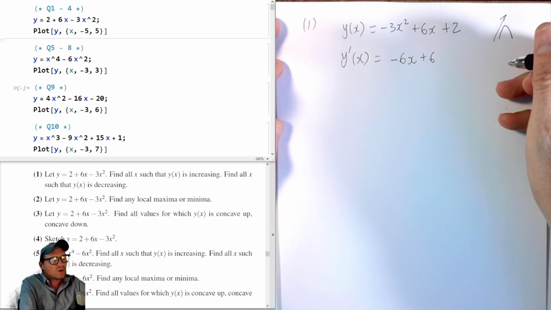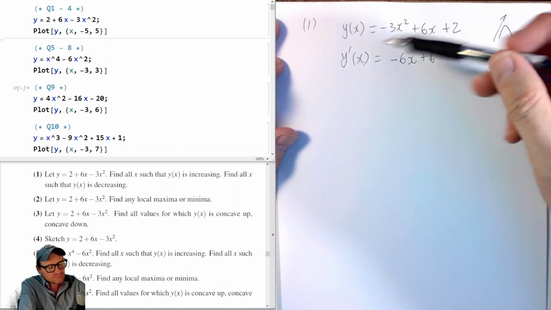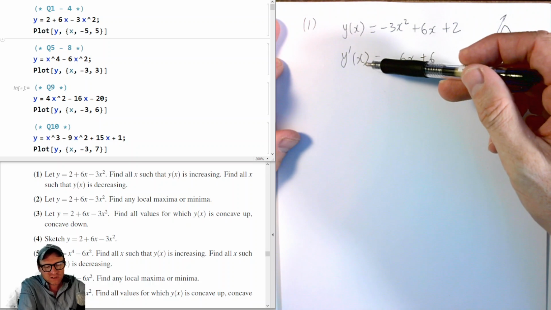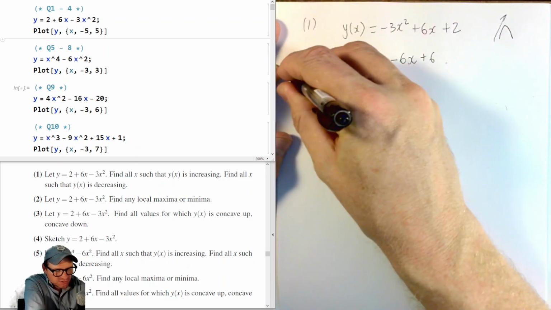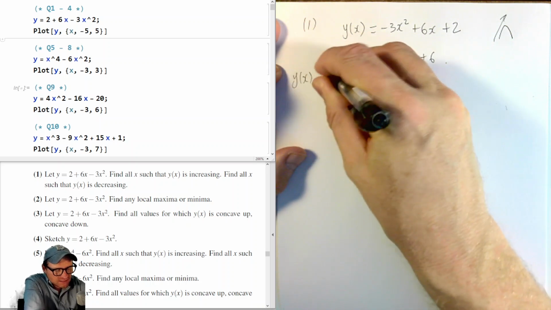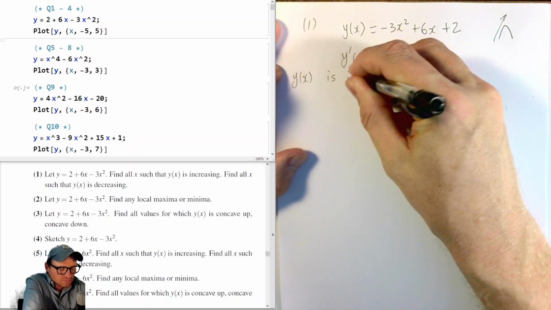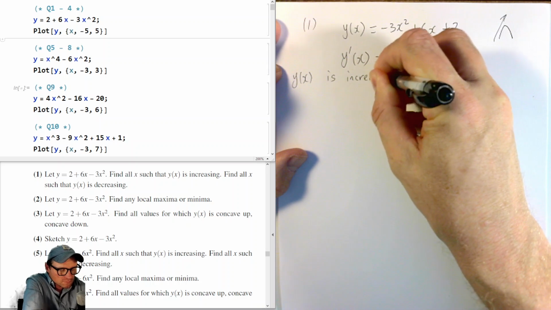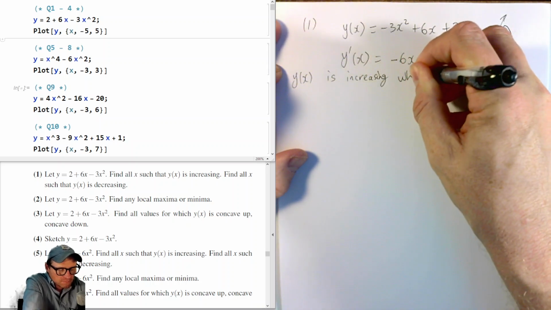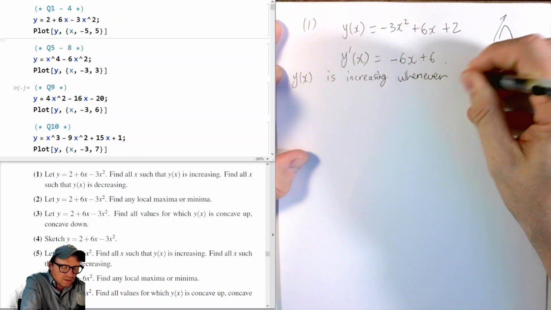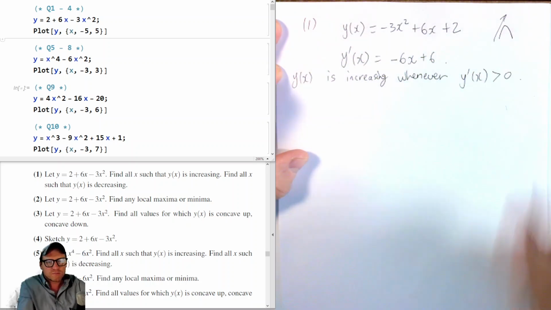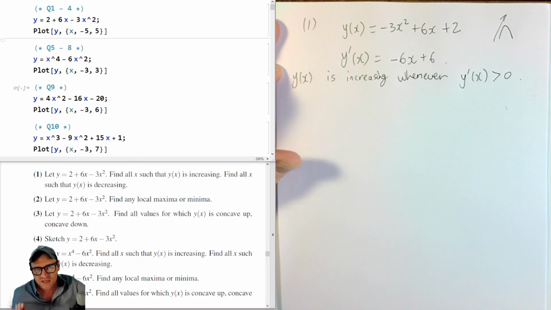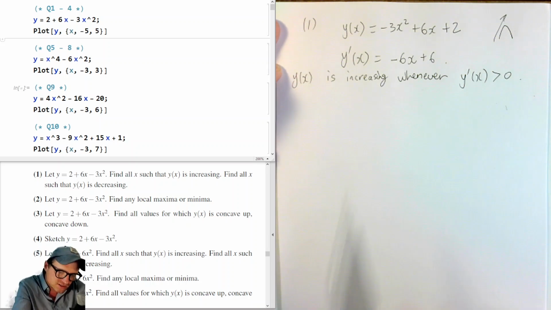Now we want to know when y dash of x is positive. So let's state what we're doing: y of x is increasing whenever y dash of x is positive. But it's also of interest to find where the sign changes, or where this derivative is 0.